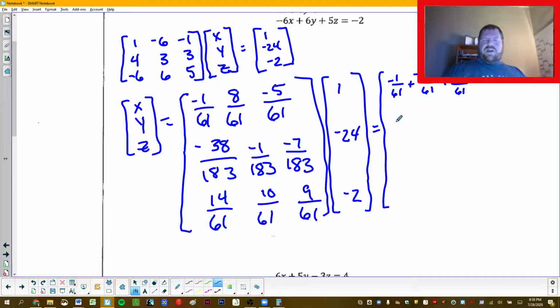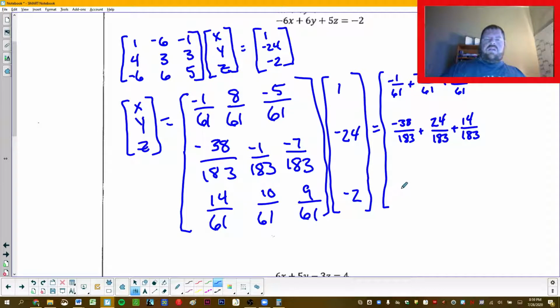Next one, we've got negative 38 times 1 over 183 plus negative 1 times negative 24 over 183 plus negative 7 times negative 2, which is 14 over 183. Looks like something really cool is going to happen there.